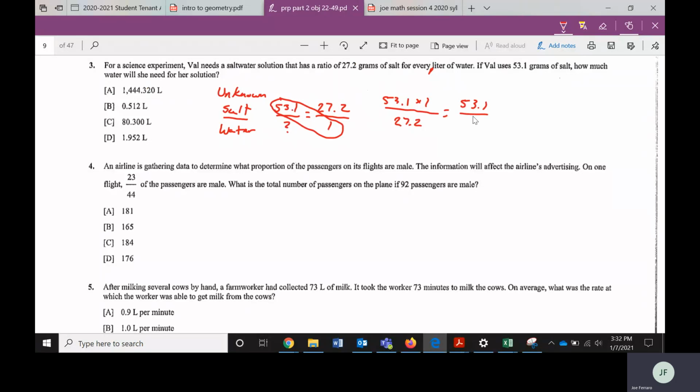So this is 53.1 divided by 27.2. And when we do that, we're going to get 1.95222, and it goes on and on. Okay, so the closest one here is 1.952. That's our answer.